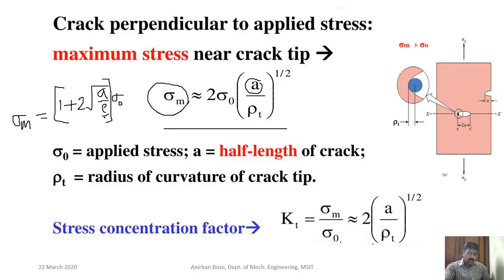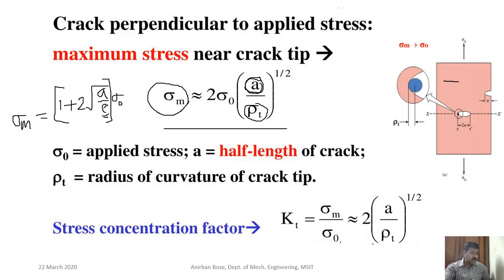But if rho is very small and A is very long, that means for a very fine crack like this, which is commonly found where the radii of curvature are very small in order of magnitude, then this quantity will be very large.